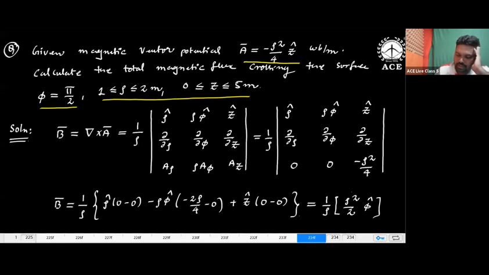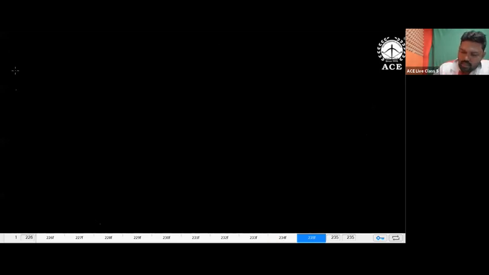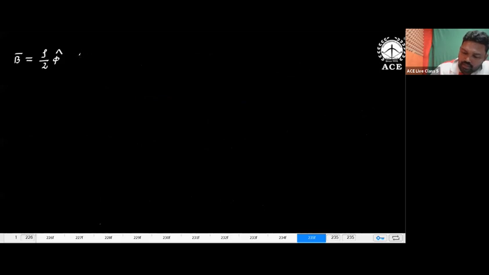Let me turn the page here. So B is equal to rho by 2 phi cap. Is that correct? Yes. Units are Weber per meter square, beta.